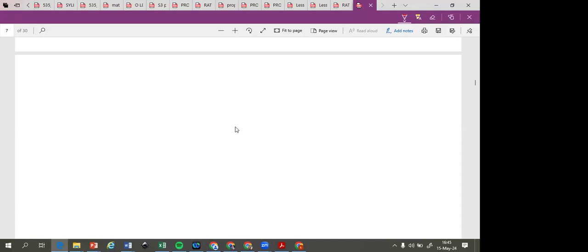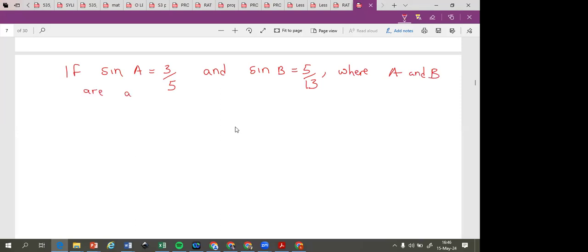They're telling us that if sine of A is equal to 3 out of 5 and sine of B is equal to 5 out of 13, where A and B are acute angles, find the values of the following.